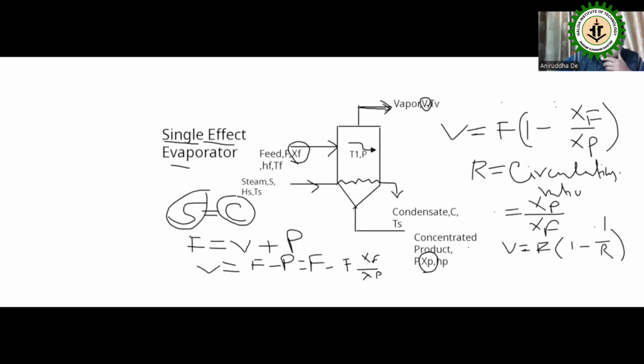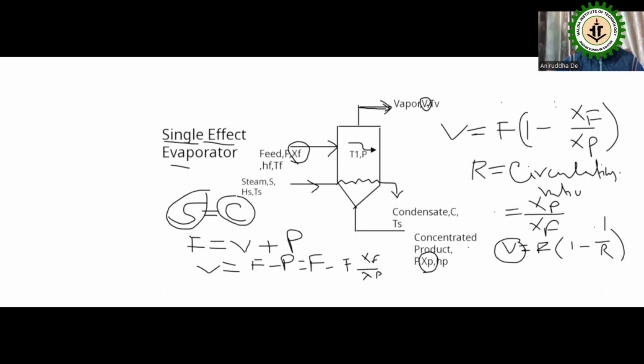So what is the vapor? This is the amount of water evaporated per unit time. This vapor V also expresses the nominal size of the commercial evaporator. If we want to buy one for an industry, we have to state how much water evaporation will be required per unit time, suppose 100 kg per hour or 1000 kg per hour.